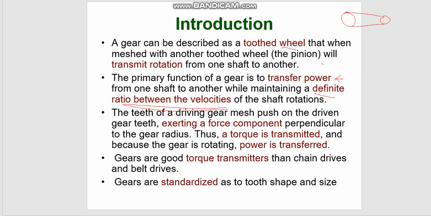The velocity between the input and the output depends on a few things. One is whether there is a slip between the pulley and the belt. If there's slip, it will affect the velocity between the input and the output.